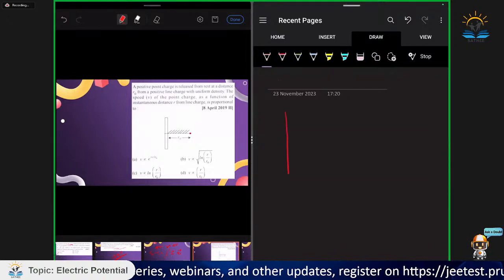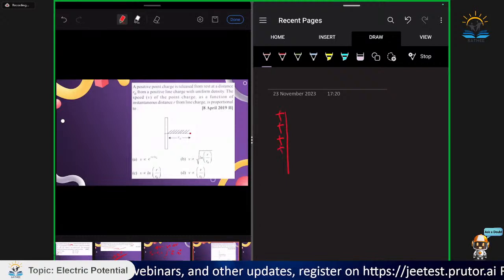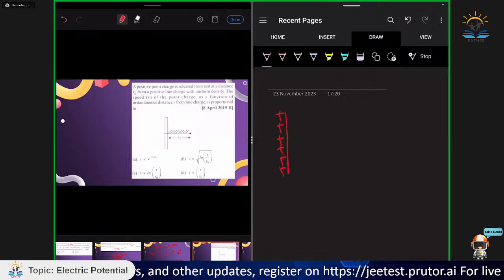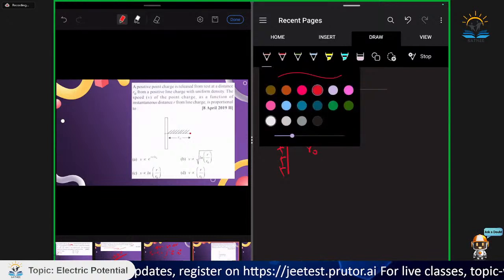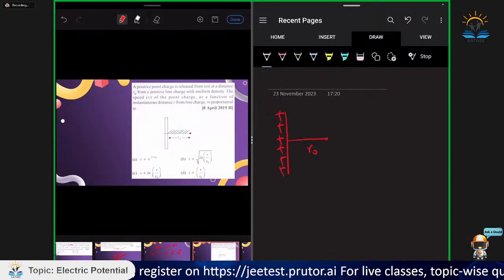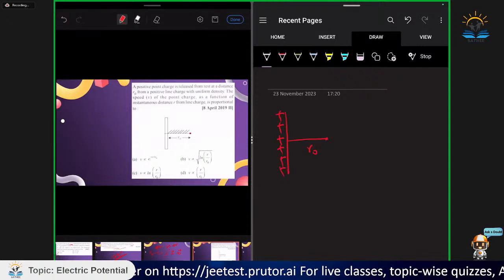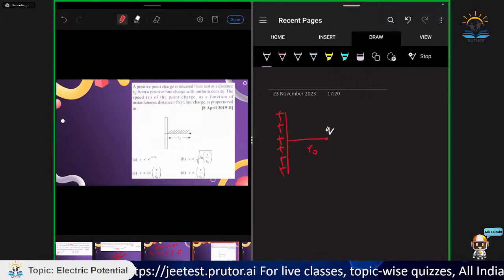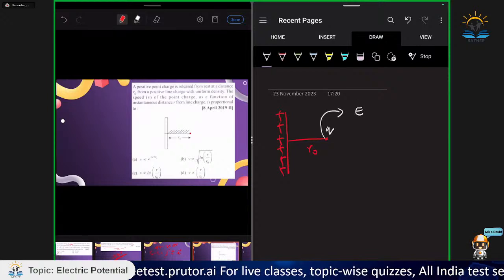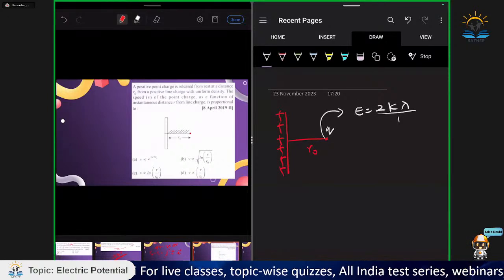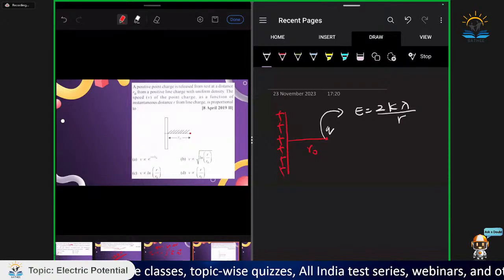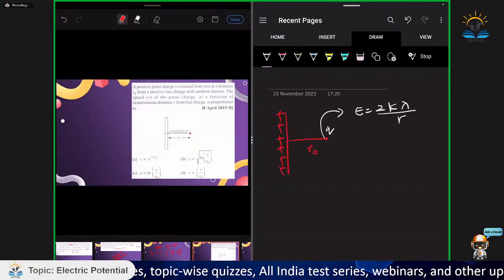This is the scenario: we have a line charge distribution, and at r0 distance a point charge is placed. The electric field here is equal to 2k lambda by R.